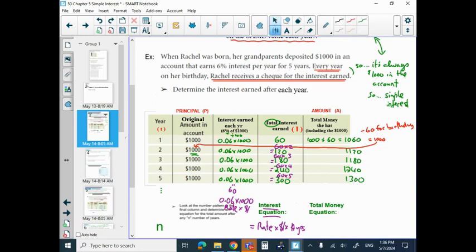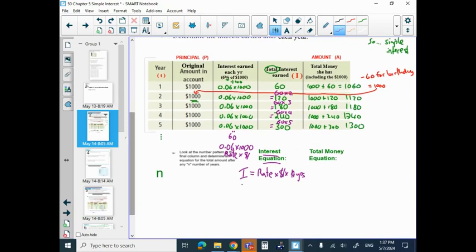Your total equation, pretty obvious what we did here is we'd always just have the 1,000 plus the extra, 1,000 plus the extra all the way along. Right, so if you look at the total money equation, this one here, before that was total interest. So let's just do I for total amount of interest.